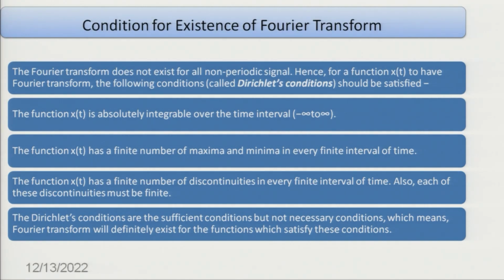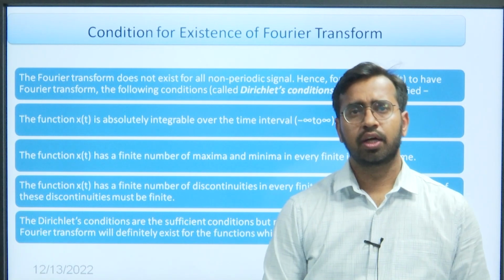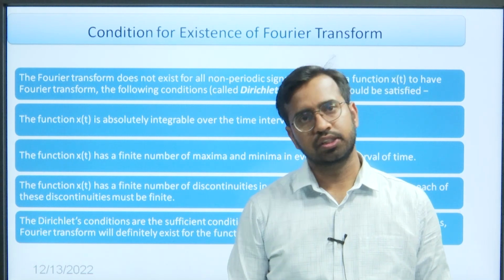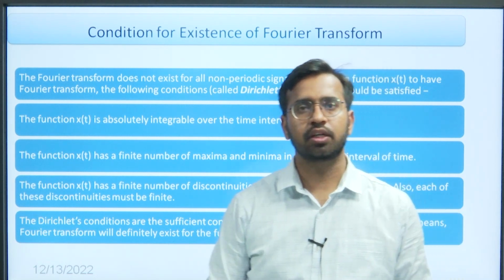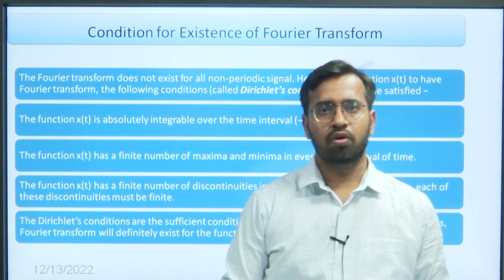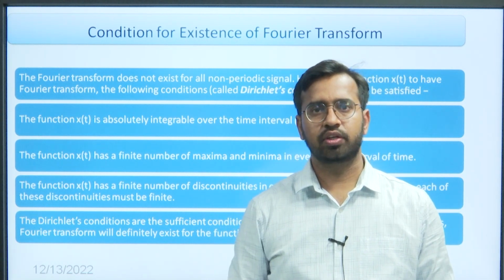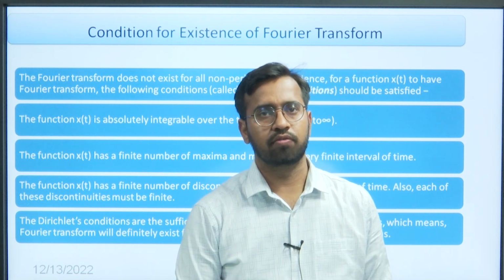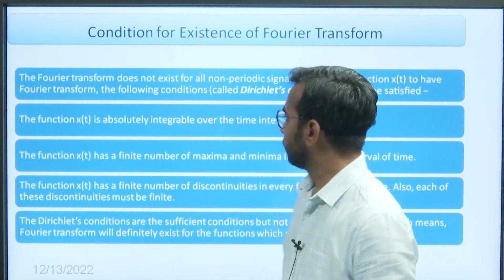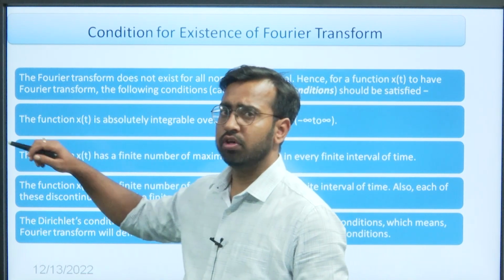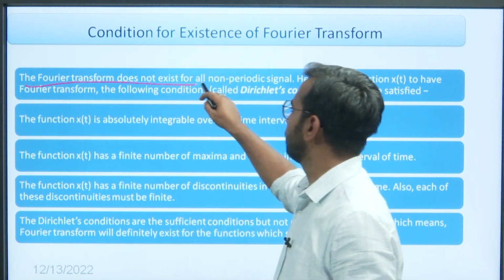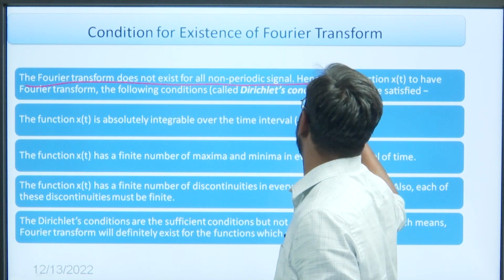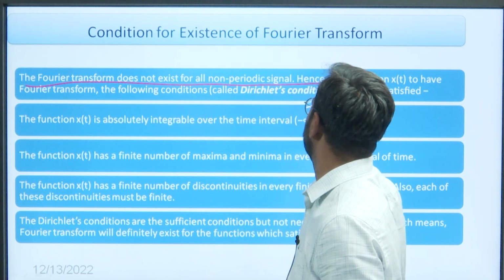Before getting to the Fourier transform, as we had some conditions for the existence of Fourier series, similarly in the Fourier transform we also have conditions, called the Dirichlet conditions. The Fourier transform does not exist for all non-periodic signals, hence for a function x to have a Fourier transform, the following conditions should be satisfied.